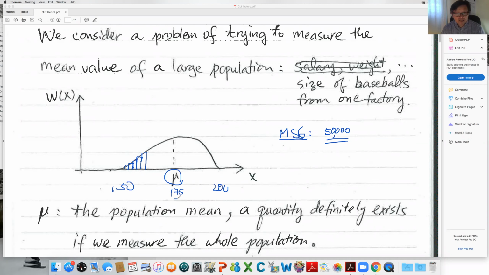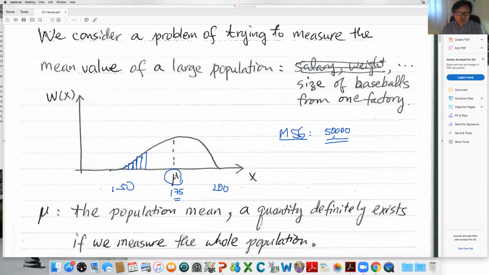This is 175 pounds. If this value is more then it's less healthy, if it's less, it's healthy. Let's say the state wants to know this value mu.